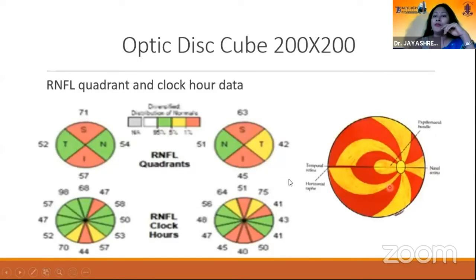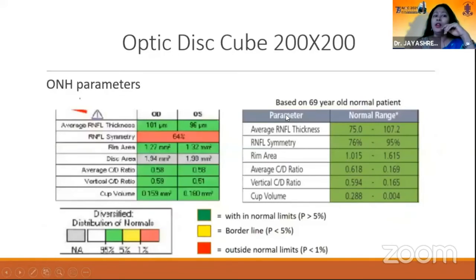The same thing, if we are in a busy OPD and we want to read this out, it's basically through the color coding that we can see the defect in the superior and the inferior portion. And if we want the clockwise distribution, it's also shown over here. So optic nerve head parameters at a single glance from this report come in the topmost part, as I have shown.